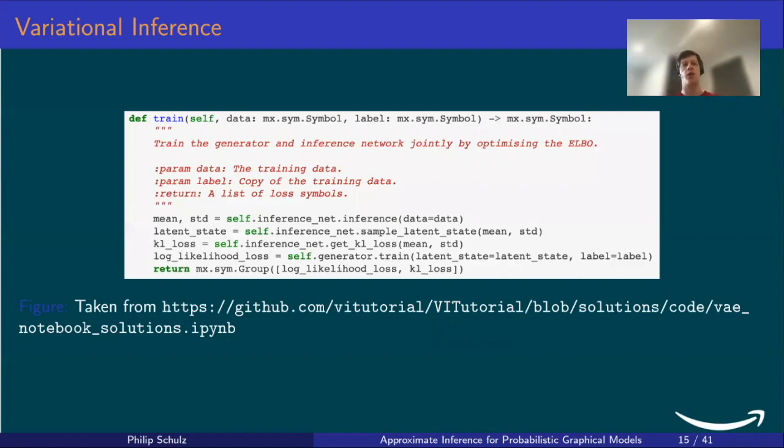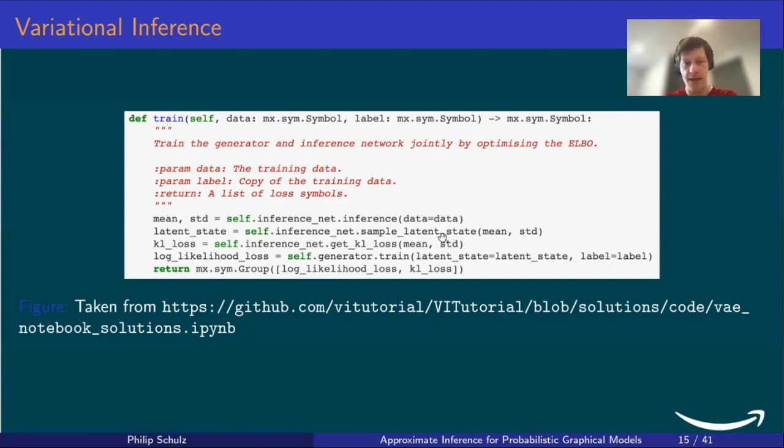Okay, now I also want to show you some code that is available on GitHub for how you would implement that. Notice that this is implemented in MXNet, so don't get too hung up on the details. I really just want to give you the rough idea of how you would code this in Python. We're going to have an inference net, which, given some data, computes the mean and standard deviation of the Gaussian.